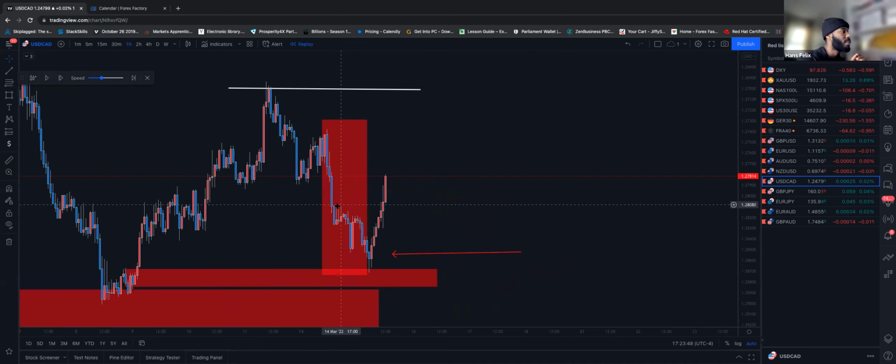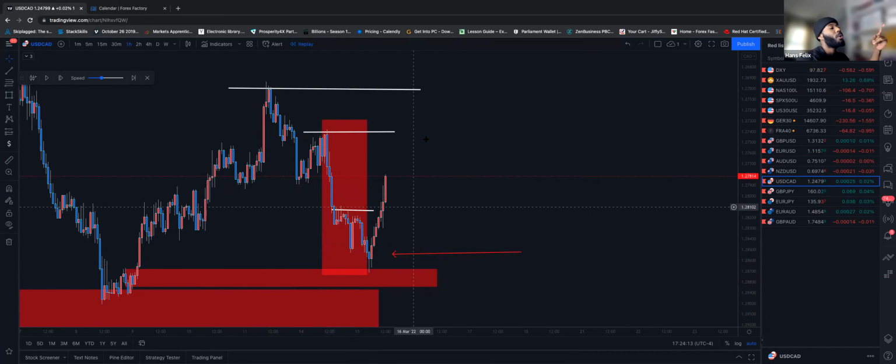Now, let me also say this. Every area that you see here are potential take profit areas because there are previous highs that price must go in that direction and reverse or retrace, right?